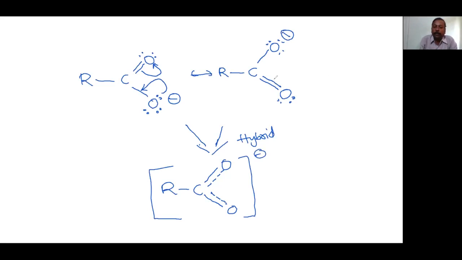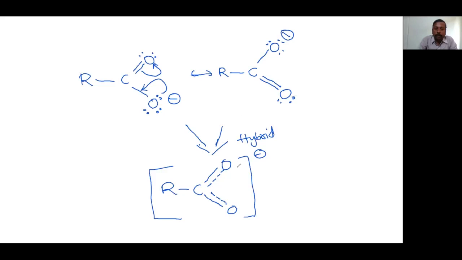Number of resonating forms of the carboxylate ion: most students have the wrong impression that the hybrid is also a resonating structure. No, this is not a resonating structure. There are only two resonating structures. This is the first resonating structure, this is the second, and this is the hybrid.